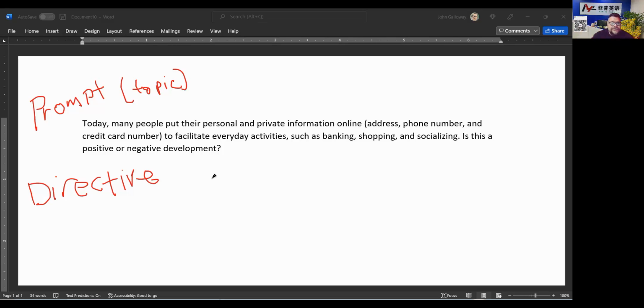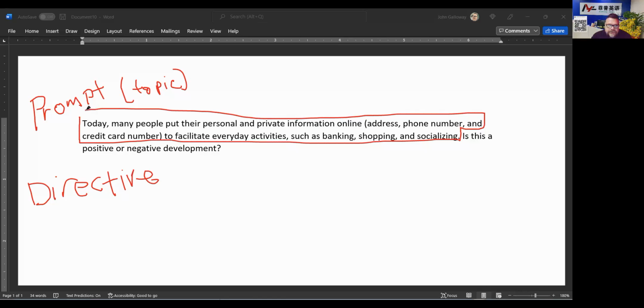One of the things we do when I'm working with students is provide some kind of analysis, in this case looking at a prompt in task two, and this is a hot prompt that came out of last weekend's test. We can isolate the topic very quickly and begin to provide some analysis, and then go to the next part, which is our directive, which is what we're supposed to do with this.